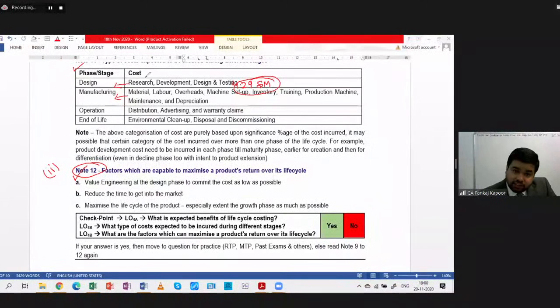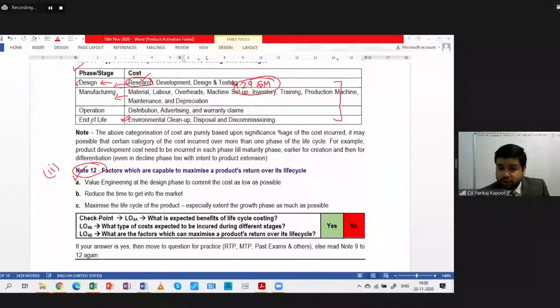Although if you see this table, the research cost may be incurred when the product is at its end of life or in the decline stage in order to do minor changes in the product so that we can take the benefit of the product extension. Hence, this table is not a guarantee that this cost will only be incurred during this particular phase, but the significant portion of the research cost will be incurred in the design phase.